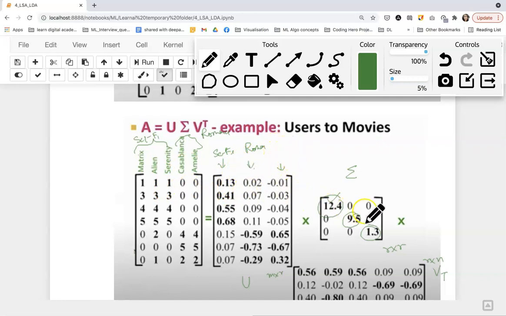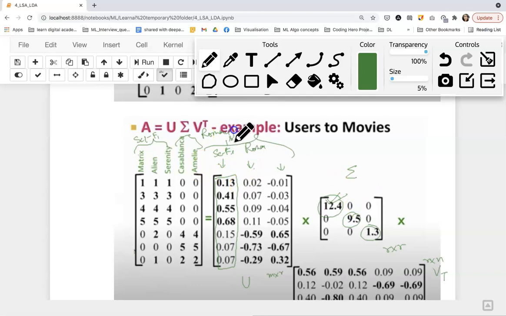Now if we look at the values of the singular matrix, this number is the highest. That means most of the movies belong to the sci-fi concept. The dominant concept out of these 3 concepts is sci-fi, and the second dominant one is romance.